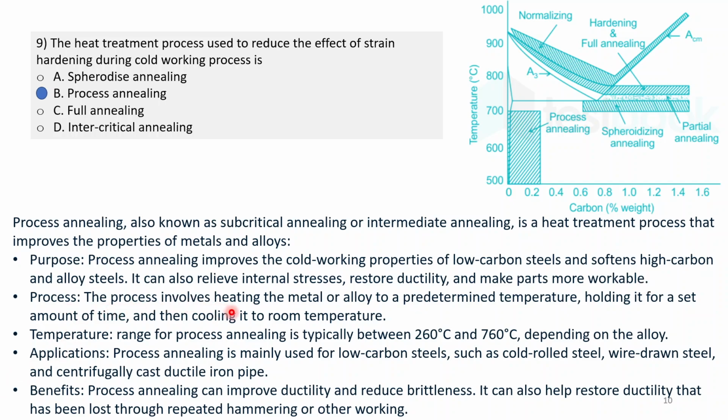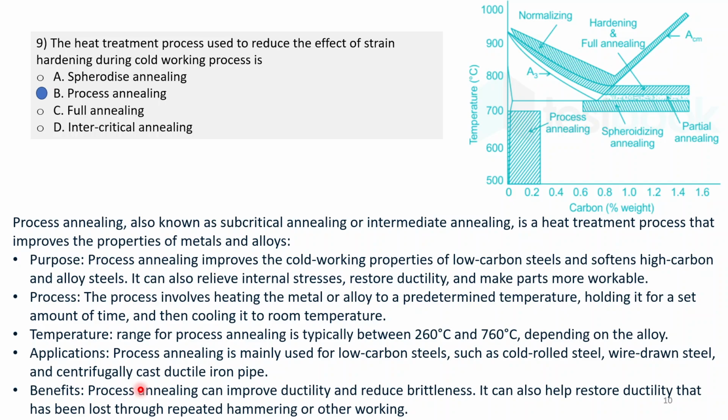The process involves heating the metal or alloy to a predetermined temperature, holding it for a set amount of time and then cooling it to room temperature. The range for process annealing is typically between 260 degrees Celsius and 760 degrees Celsius depending on the alloy. Process annealing is mainly used for low carbon steels such as cold rolled steels, wire drawn steel and centrifugally cast ductile iron pipes.